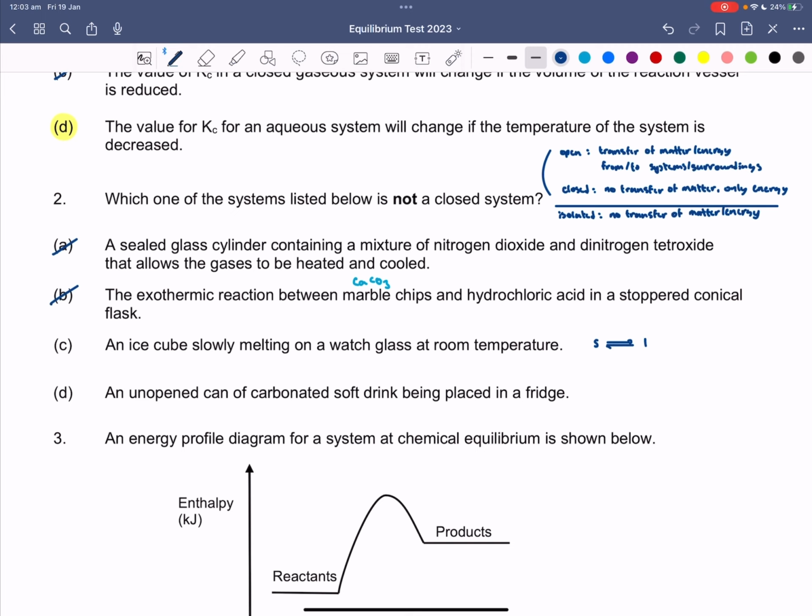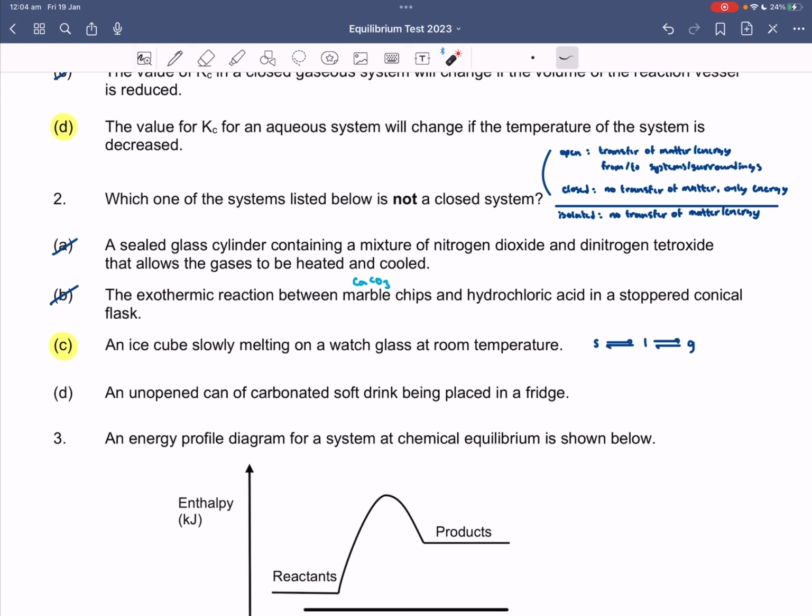And remember, what can liquid water do? Liquid water can evaporate. Some of that liquid can go ahead and become a gas, and the fact that it can become a gas implies that it's going to escape into the atmosphere, and the fact that it escapes into the atmosphere means that it is not a closed system. So effectively C is the answer.